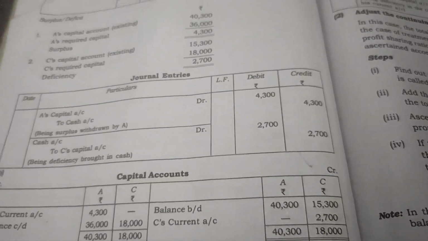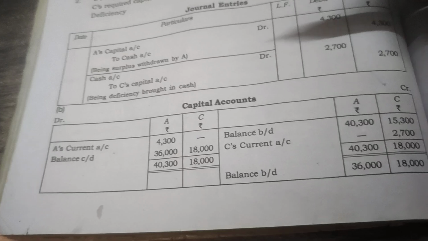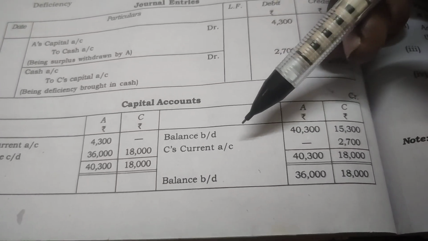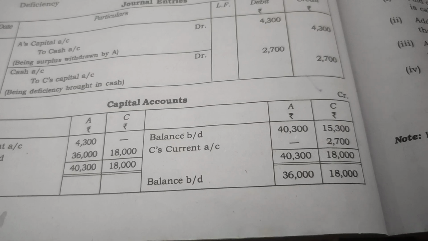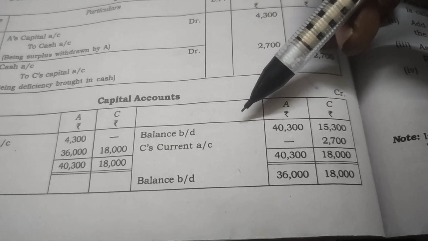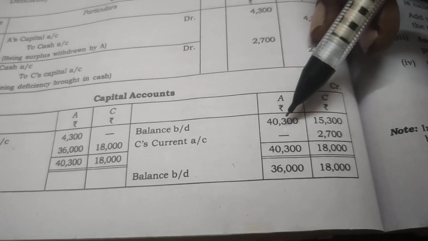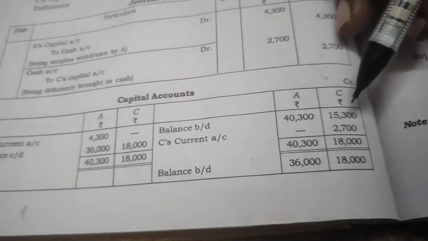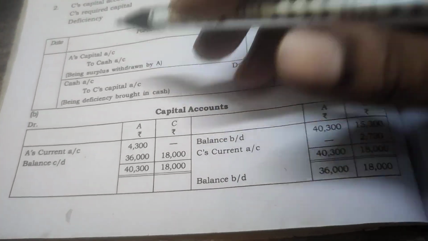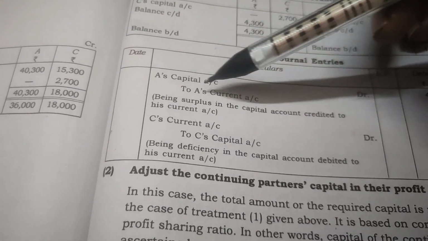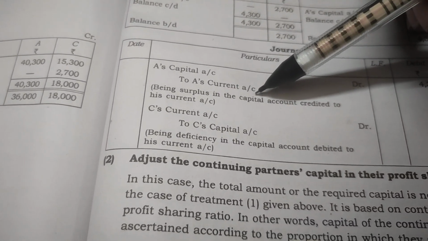Then the next thing is preparing the capital account. Capital account, we already stated, balance will be credit balance. The credit is the opening balance or the amount given in the question, that is 40,300 and 15,300. Then here the entry is A's capital account debited to A's current account.